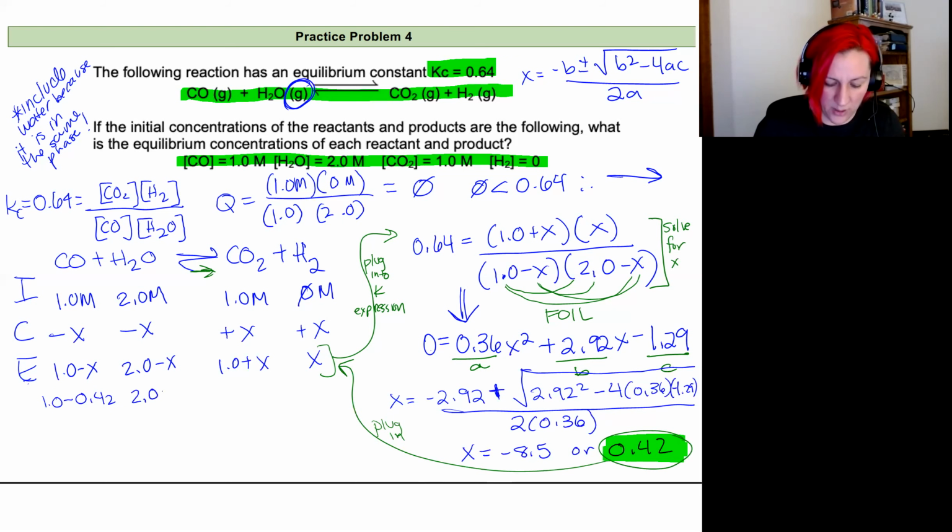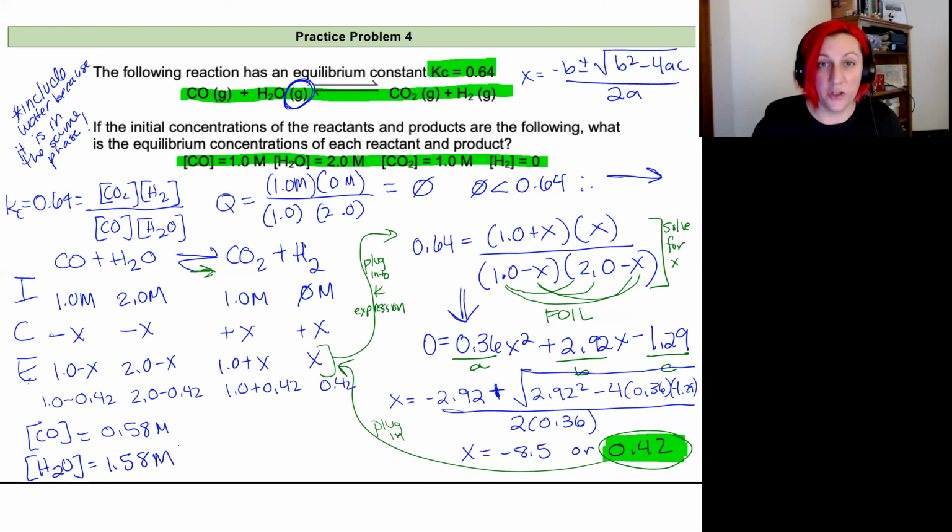Then I'll have 2.0 minus 0.42. I'll have 1.0 plus 0.42, and I'll have 0.42. So that concentration of carbon monoxide is going to be equal to 0.58 molar. My concentration of water is going to be equal to 1.58 molar. And those are my reactants.